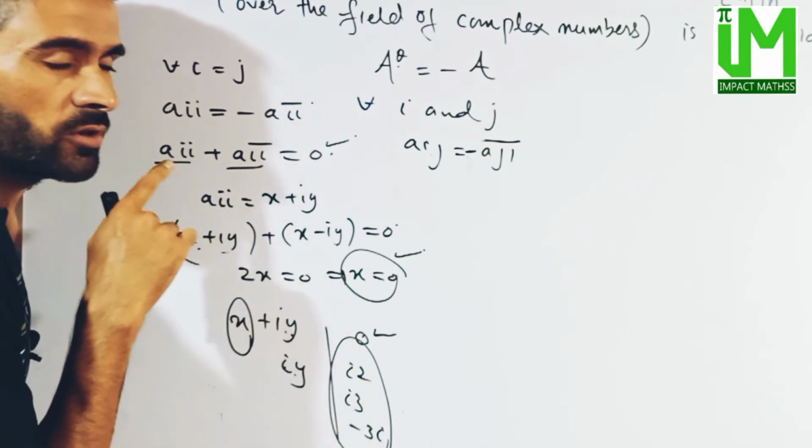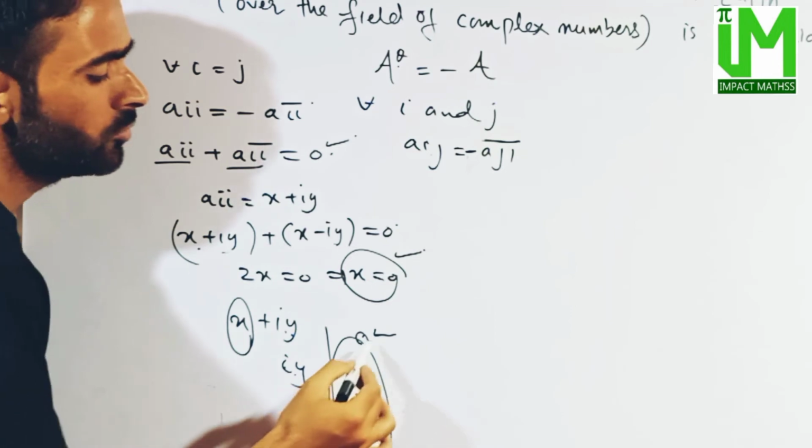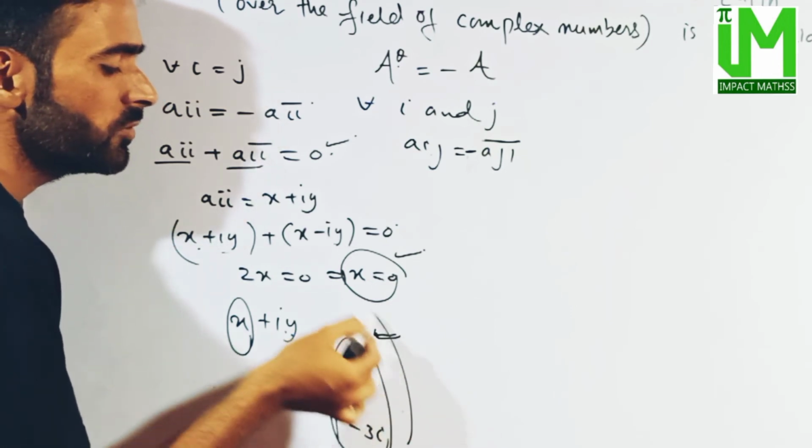So यहाँ पे जो possible cases है वो है या तो 0 होगा या pure imaginary number.